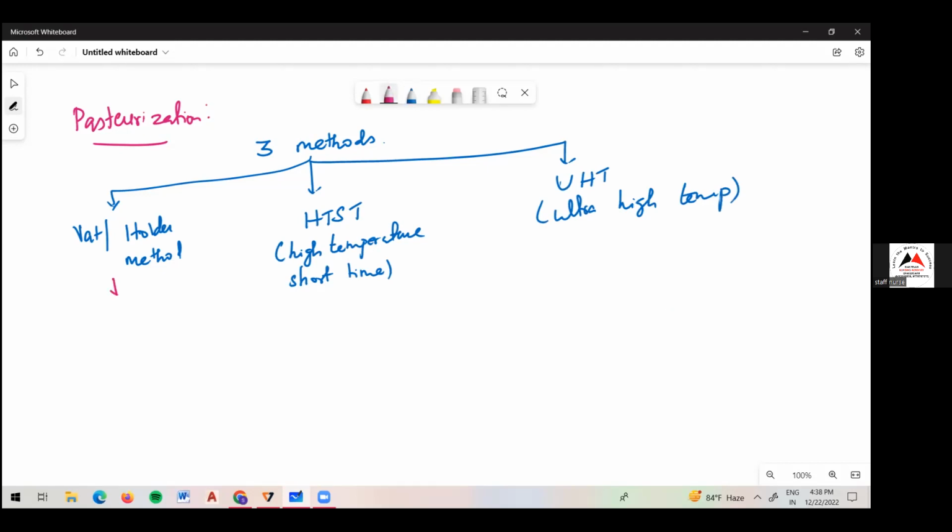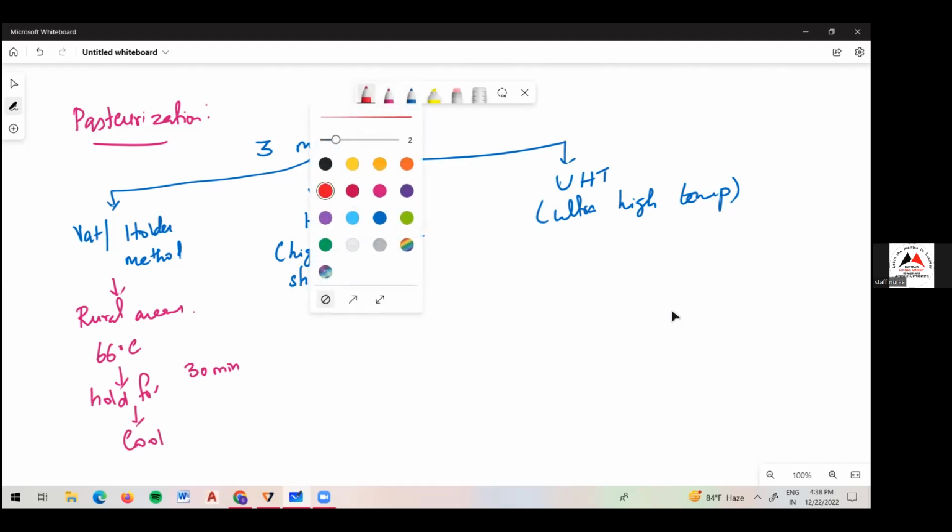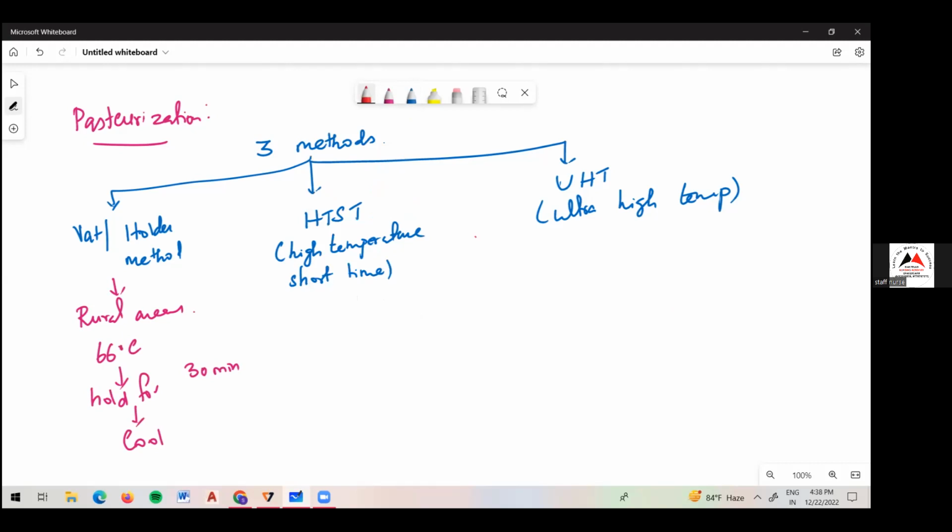In the VAT method, which is commonly followed in rural areas, we use 66 degrees Celsius. It is called the Holder method because we hold it for 30 minutes at 66 degrees Celsius, then cool it down slowly. Next, the HTST method is used in urban areas.